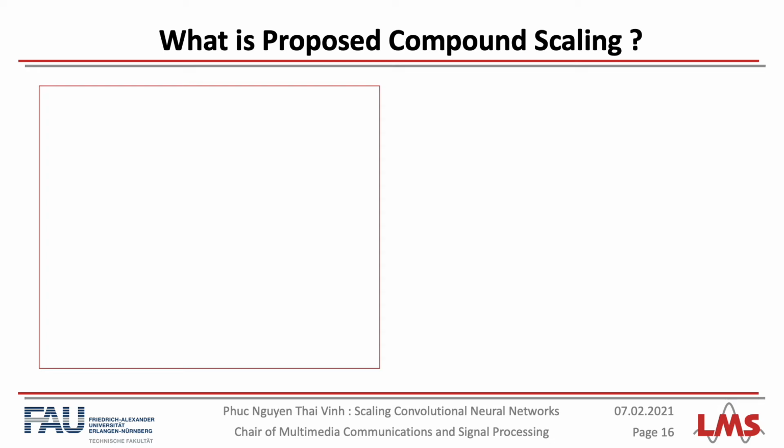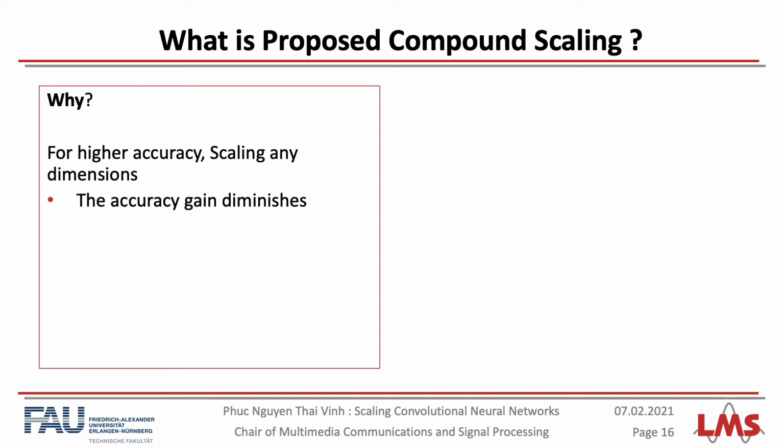So what is the proposed compound scaling? Previous work showed higher accuracy by scaling any single dimension. When we scale the depth, width, and resolution, the accuracy can quickly diminish.